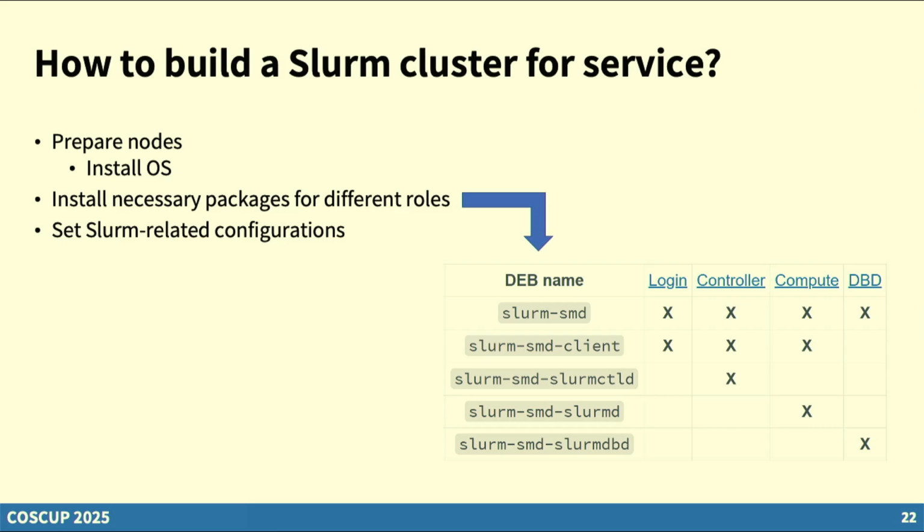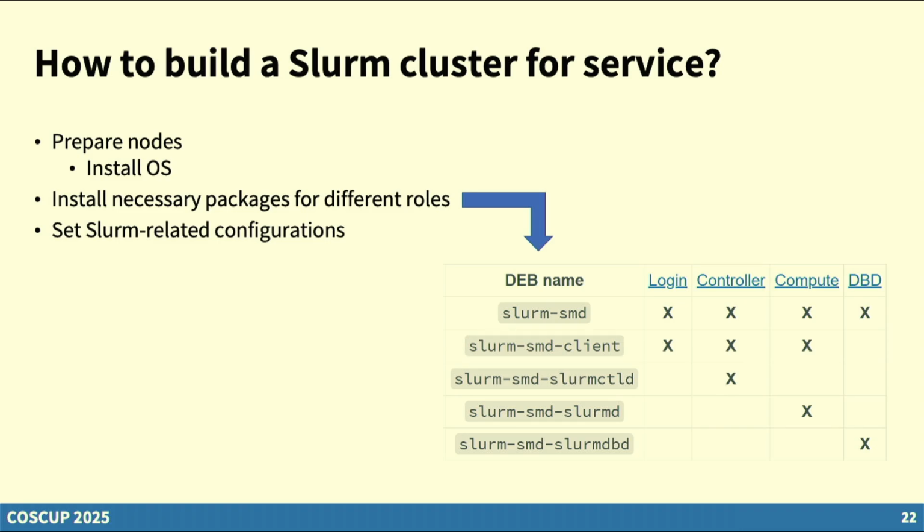Now I want to give you a very simple summary of how to build this Slurm cluster for service. First, you need to prepare nodes and install an operating system on them. Then, second, you need to install the necessary packages for the different roles. This is a screenshot from their quick start guide in the Slurm documents.